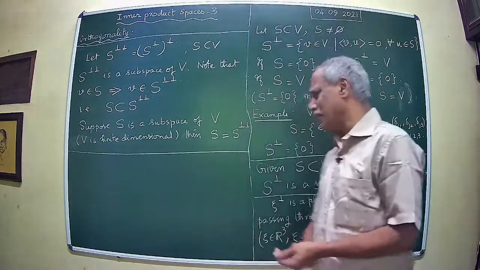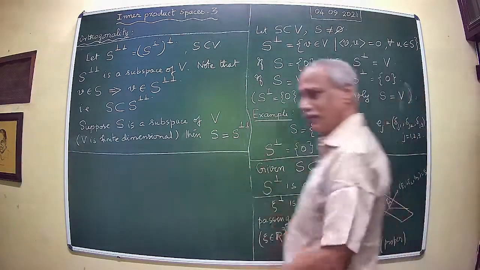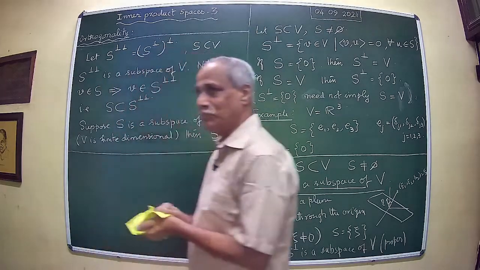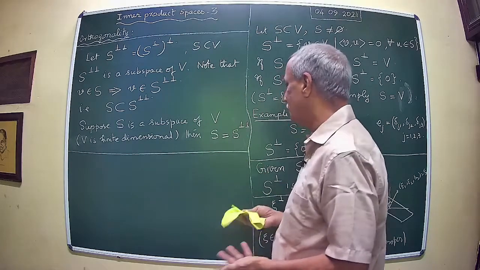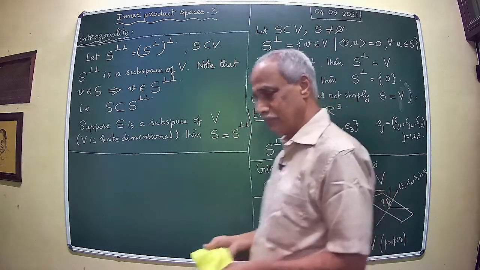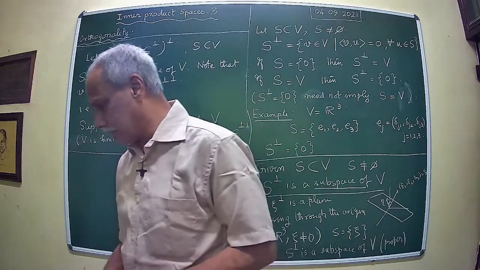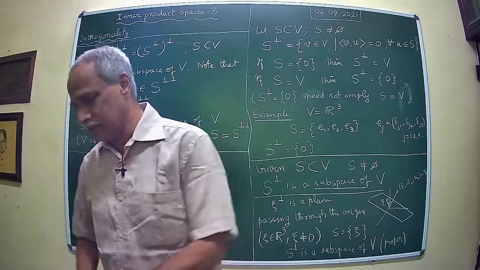Many things that you have direct experience of in R3 we will try to prove here. Okay, so R3, I said, is the model. So a lot of things you can expect to be true in general. So it's a very worthwhile generalization of the concept of dot product to the so-called inner product.